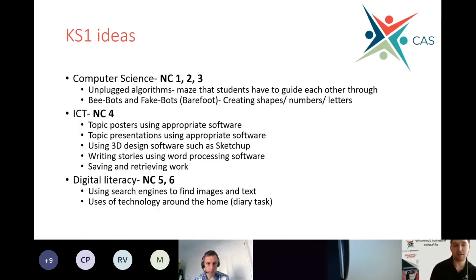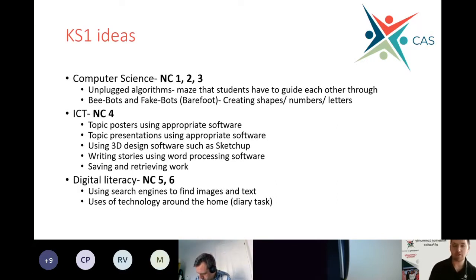On the ICT front, so bullet point 4, if you like, things like creating topic posters, making sure they're using appropriate software for that, looking at presentations, again using appropriate software, potentially some 3D design. I don't know obviously how much they could do with that, because like I said, I'm not a Key Stage 1 specialist, but things like SketchUp are fairly straightforward to use, and there are free licenses for that.